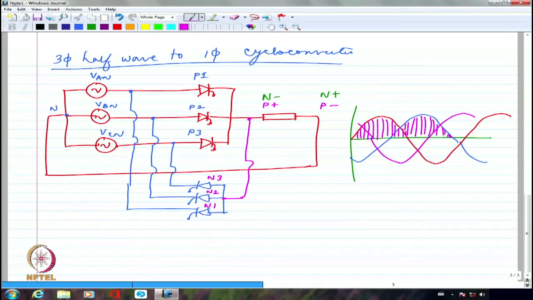Now I can try to give the firing pulse to the next converter, which is the N converter. I am just showing as though I have got only 2 overlapping half cycles. So I have given this correspond to P1 and this is corresponding to P2. And I have not even given for P3, but I will give for again this corresponds to probably N2, then I will give it to N3 and so on.